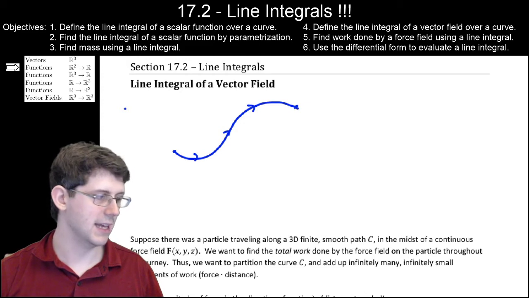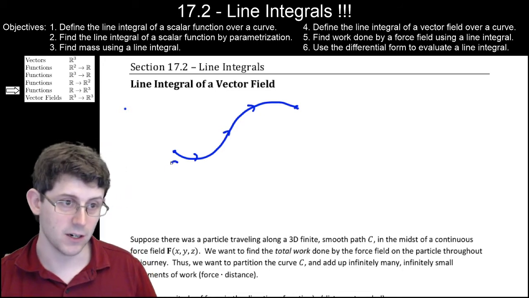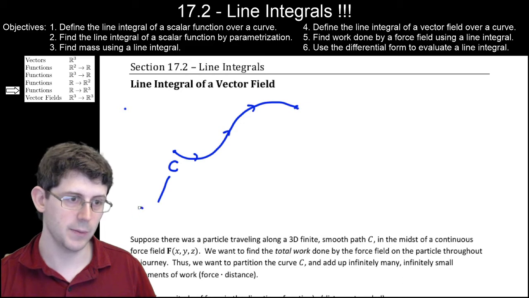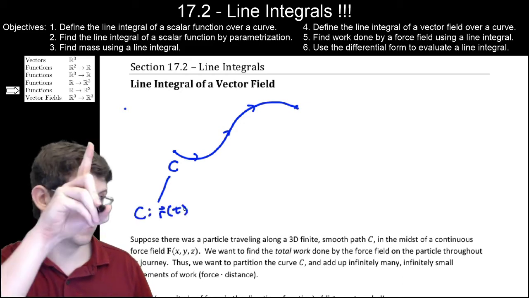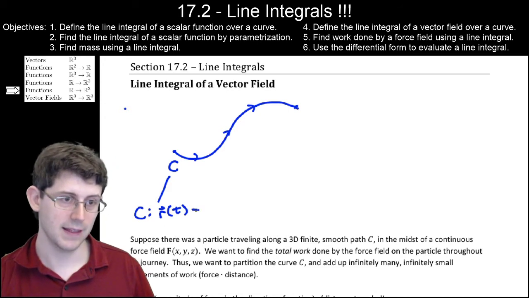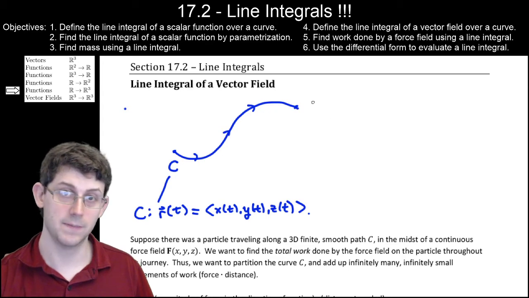Because we've got a curve in space, now the input is time and the output is a point in space. This is your curve. So the curve will be parameterized by a vector valued function that has the input of a number and the output is a location in space. So this is going to be our curve.